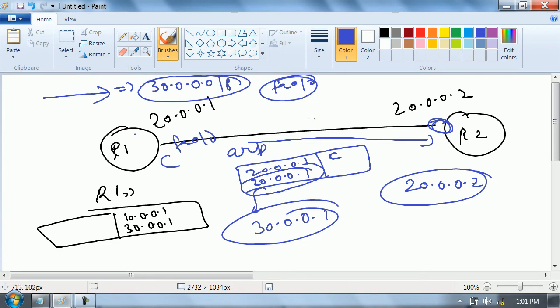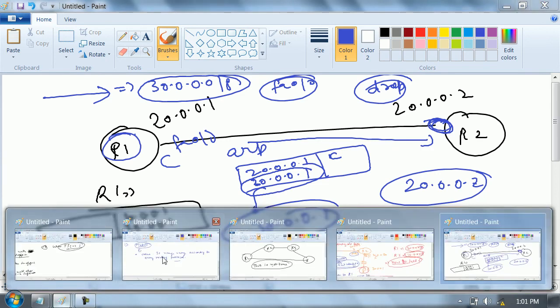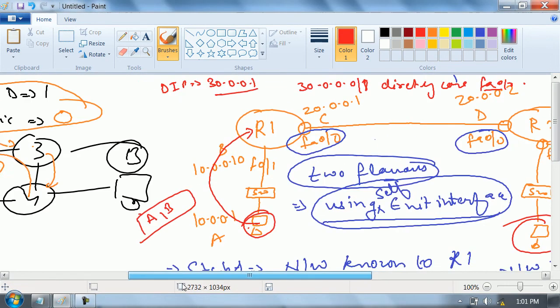R2 कहेगा ये आर्प मेरे लिए नहीं है और आर्प को ड्रॉप कर देगा. आर्प को ड्रॉप कर देगा तो R1 को कभी भी इस इंटरफेस का मैक एड्रेस नहीं मिलेगा. So it will not get the MAC address, so there will be no communication. 10.0.0.1 and 30.0.0.1 will never be able to communicate.